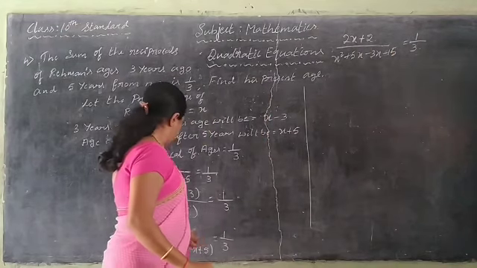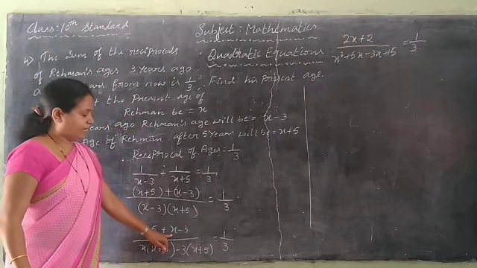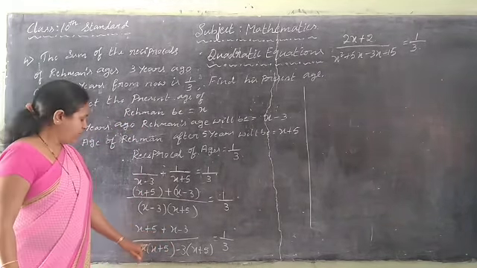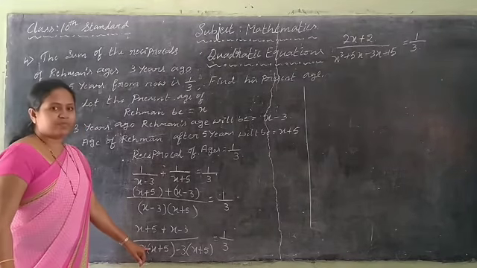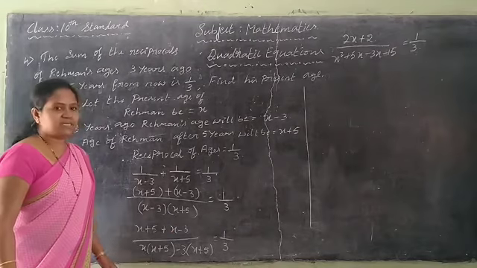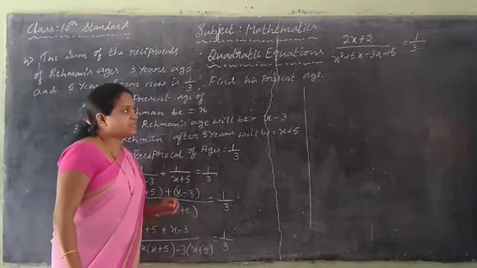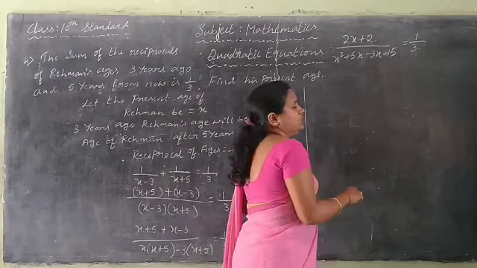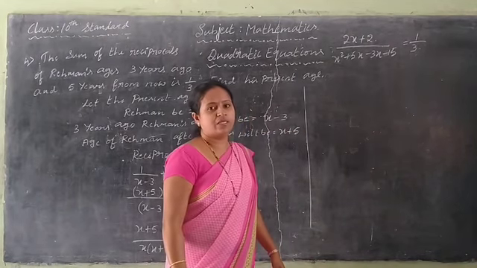See here, 1x plus 1x is 2x. When you subtract 3 from 5, we get 2. In the same way, x into x is x square, 5 into x is 5x, then 3 into x is 3x, minus 3 into 5 is minus 15, equal to 1 by 3.